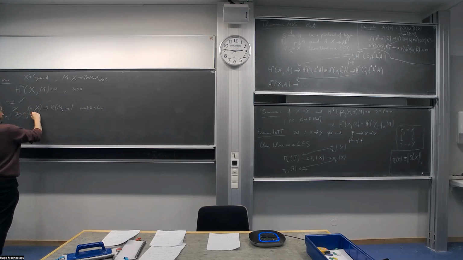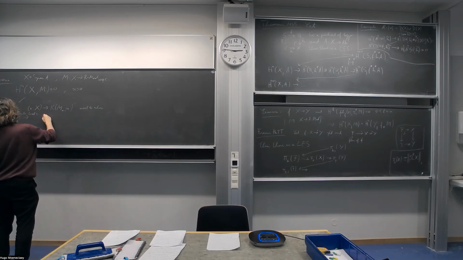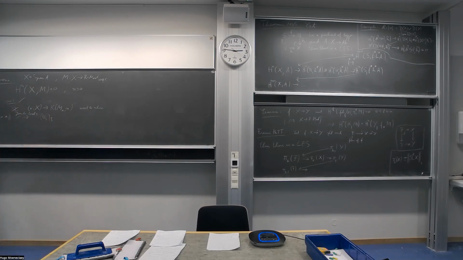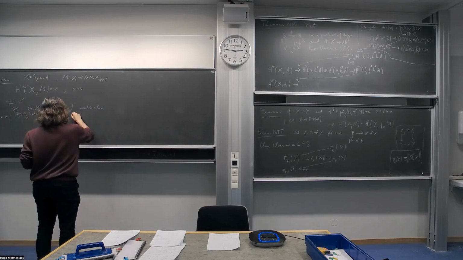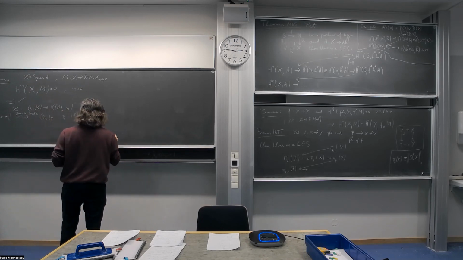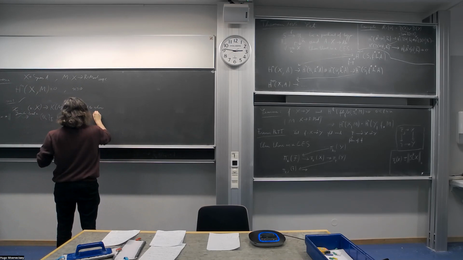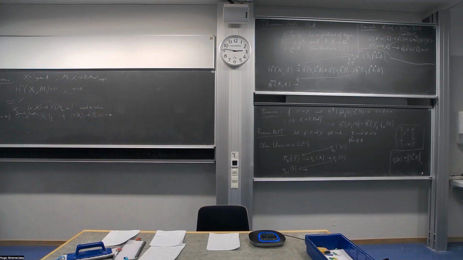Local choice gives us a cover. Let's just call it U_i, some finite index set I, and s_i trivializations. Like this.